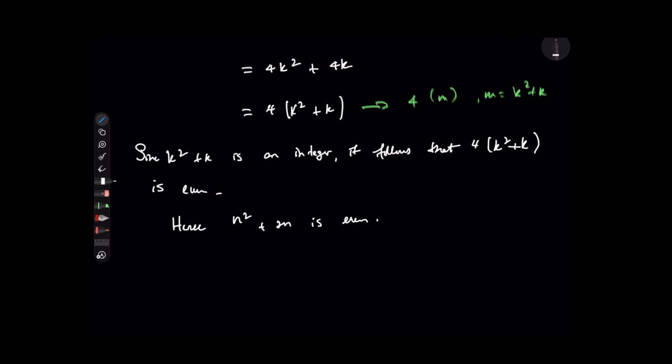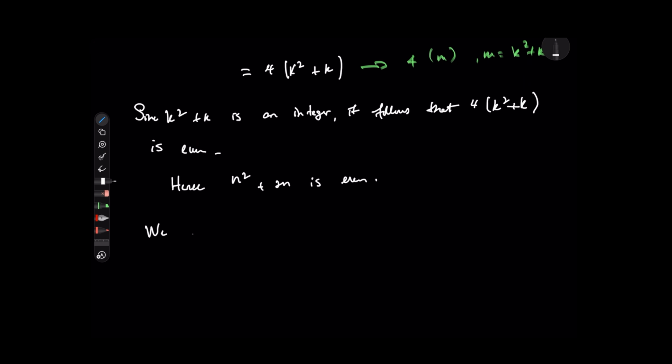So what have we shown? We have shown that if n is even, then n squared plus 2n is even as well.